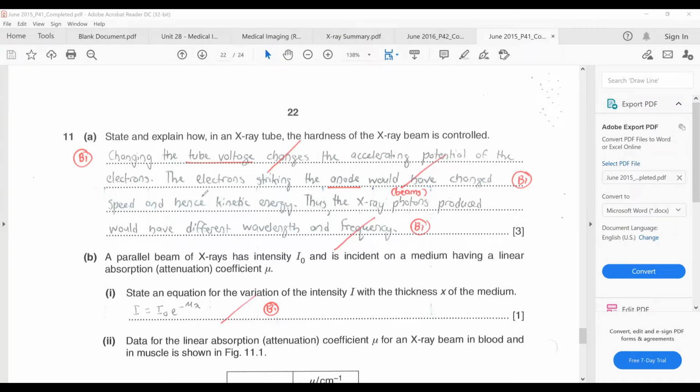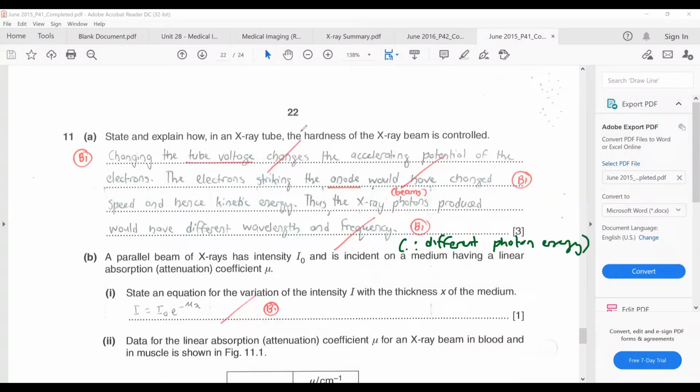Maybe this one I need to change a little. The electrons striking the anode will change speed and hence the energy. The X-ray photons produced will have different wavelength and frequency, therefore different photon energy.